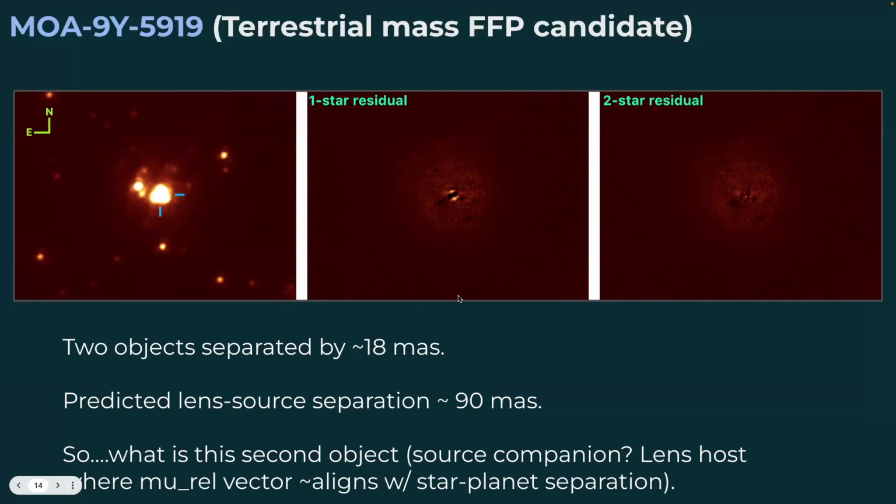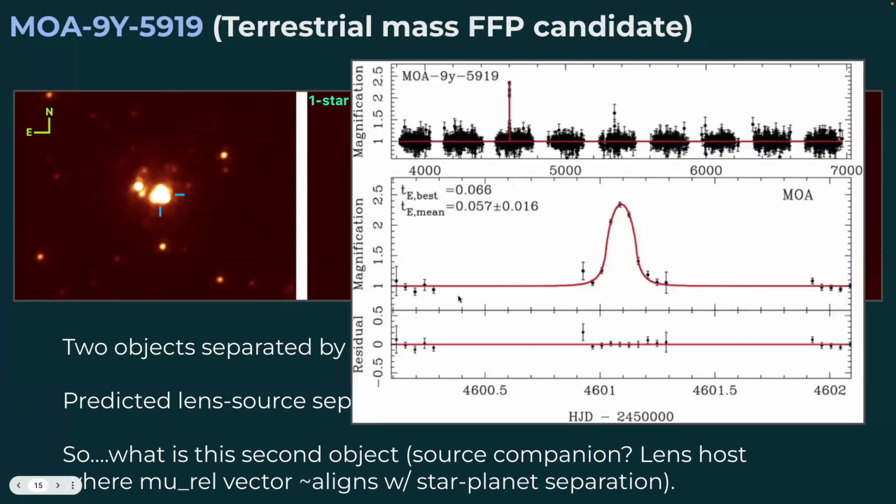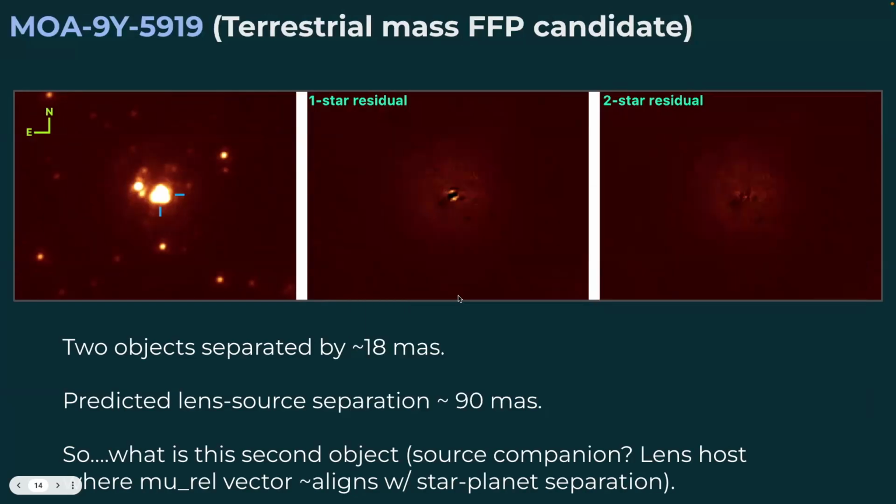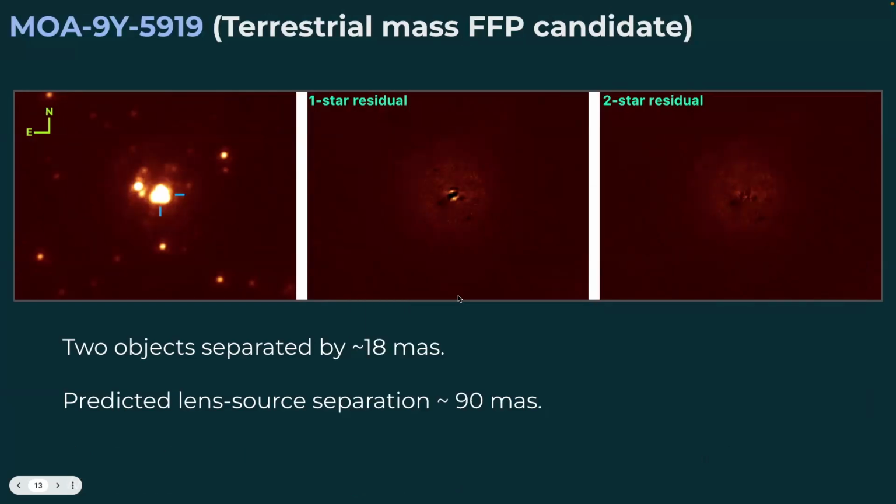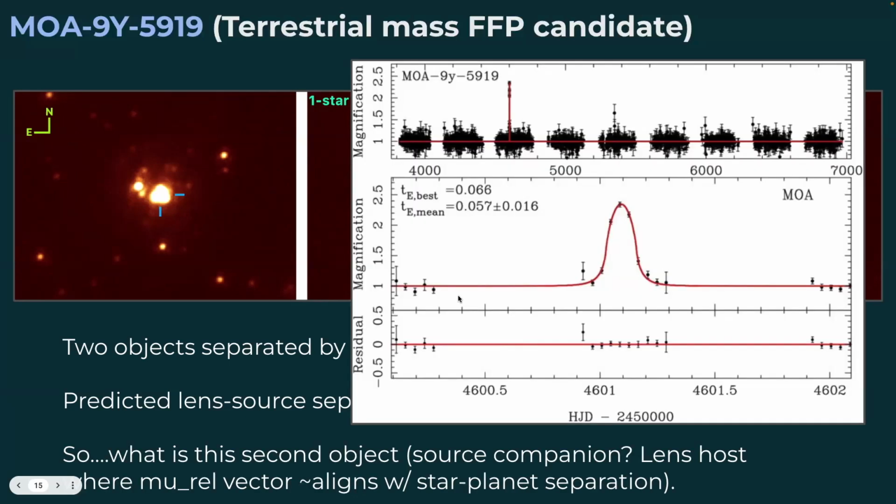In that scenario, there may or may not be another potential signal from the primary host star later in the baseline. So more work needs to be done. I don't know the answer to this yet, but maybe having some conversations or looking back at some of this baseline to see if there's any subtle signature, and maybe, based on the separation of this second star, seeing in time where the signal might be.